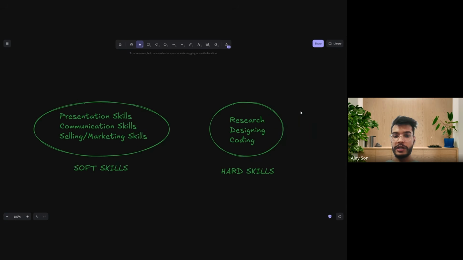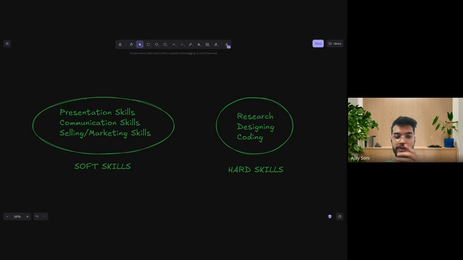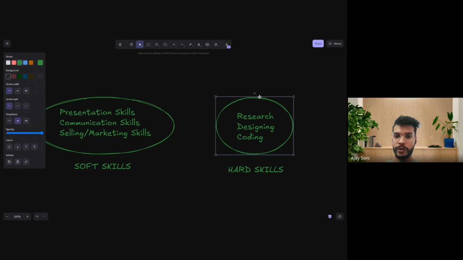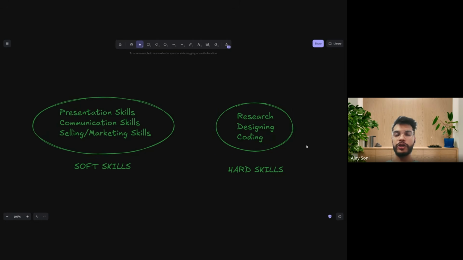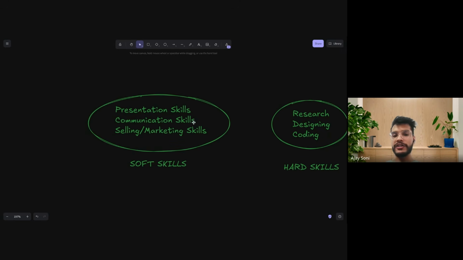Okay, so yes, two types of skills basically that you guys have to focus on. Of course, hard skills contain things that you are doing for some purpose, let's say researching, designing, coding, and some other skills, right? These are the hard skills. But along with hard skills, you should also have the soft skills.